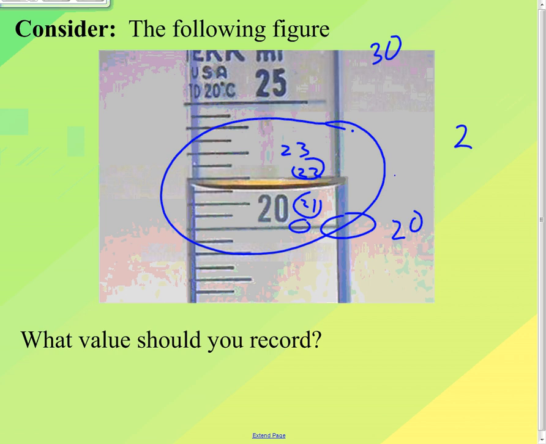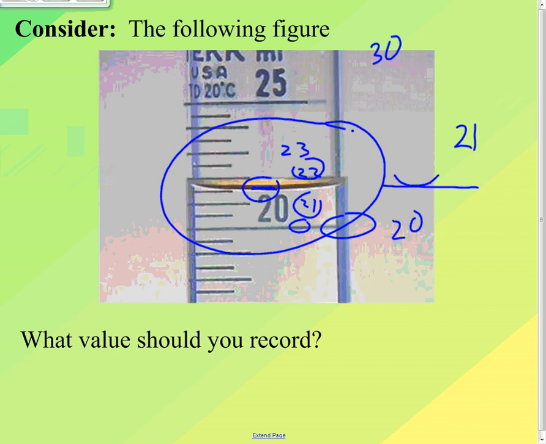We have this thing here, and what do we call that on the fluid? That is called the meniscus. And when we read a meniscus, we want to read the bottom of the meniscus. So that means we want to read right about there. Good. Now, are we certain that right there is above 21 and below 22? Yes. So we're certain that we're at 21.